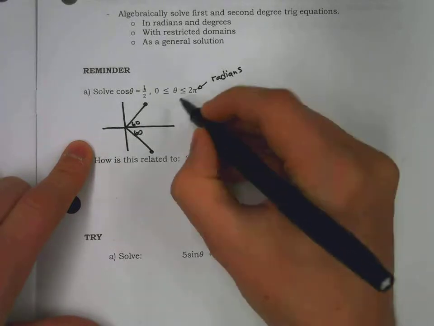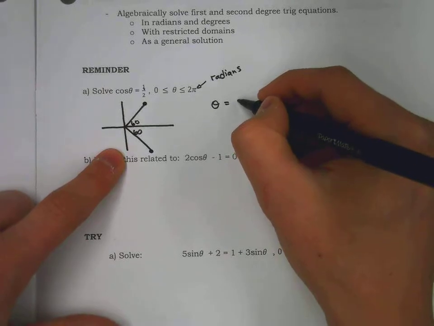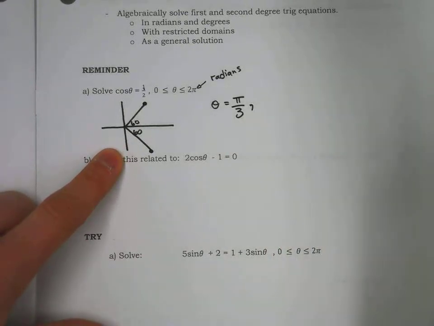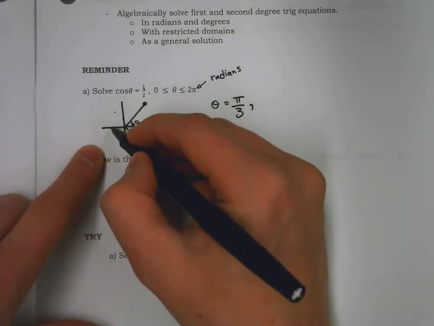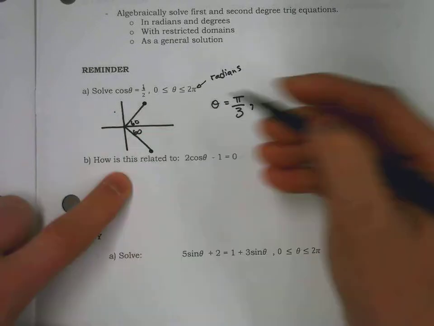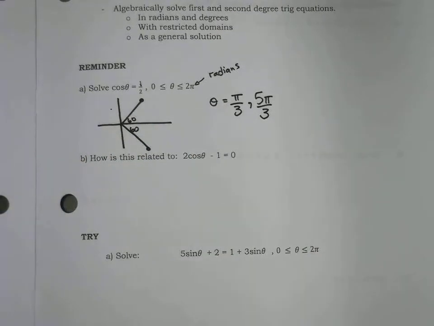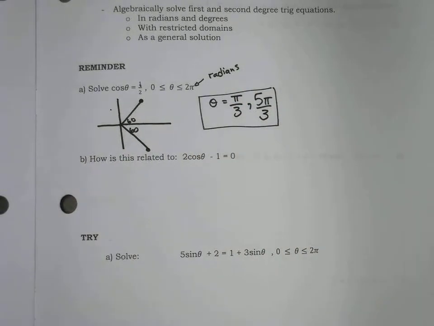As we rotate around in one full rotation, 0 to 2 pi, the two angles are 60 degrees, pi over 3, and 1 pi over 3, 2 pi over 3, 3 pi over 3, 4 pi over 3, 5 pi over 3. 1 pi over 3 shy of 6 pi over 3. And this would be the answer to a yesterday question.